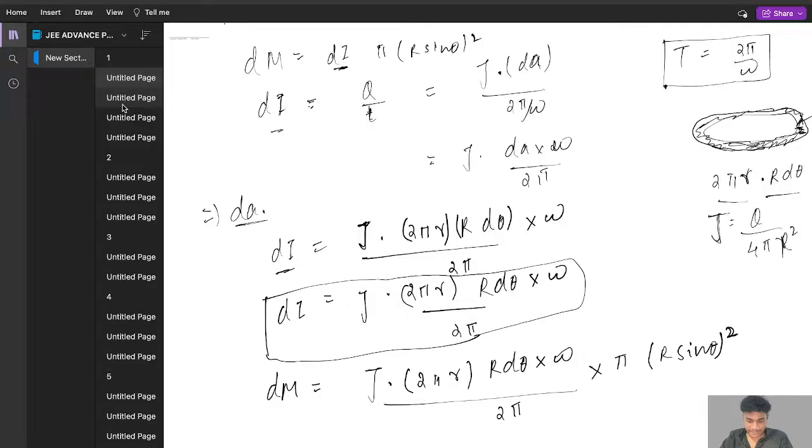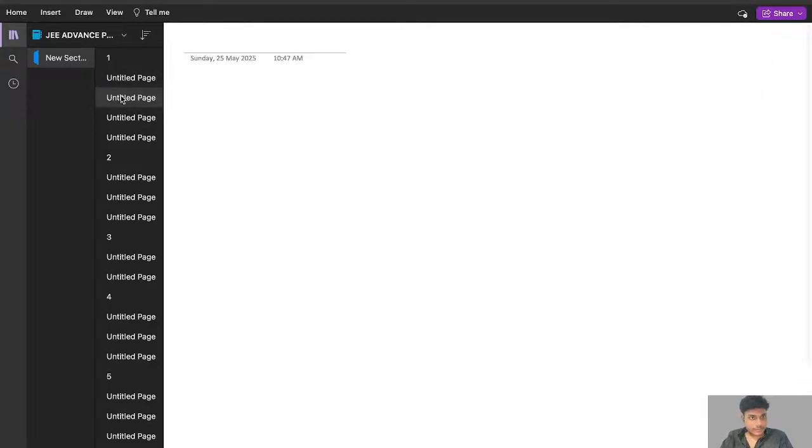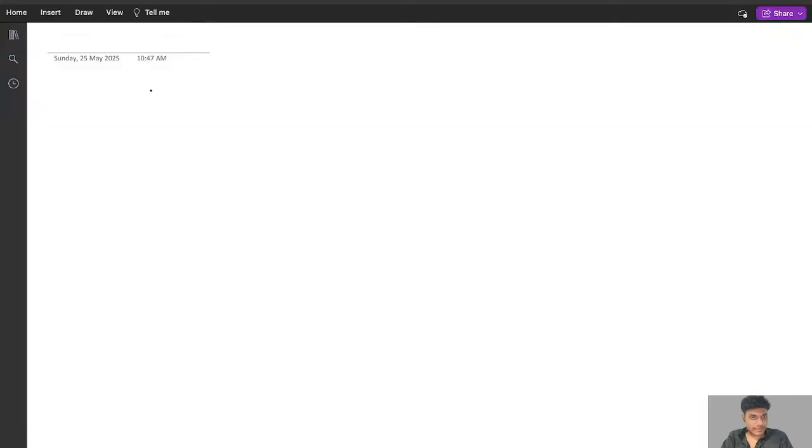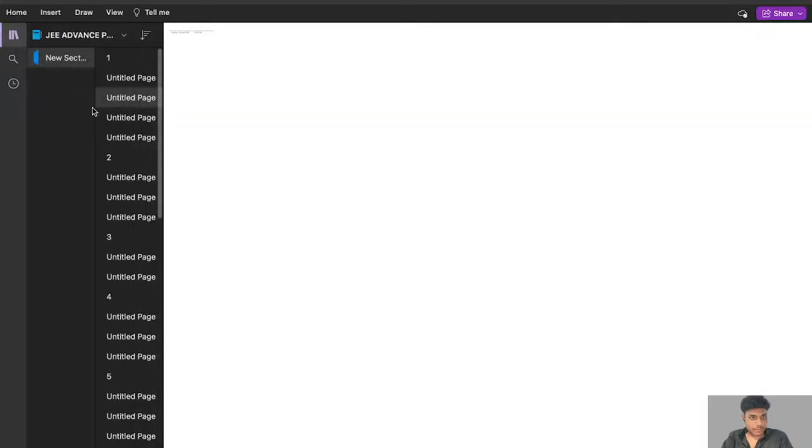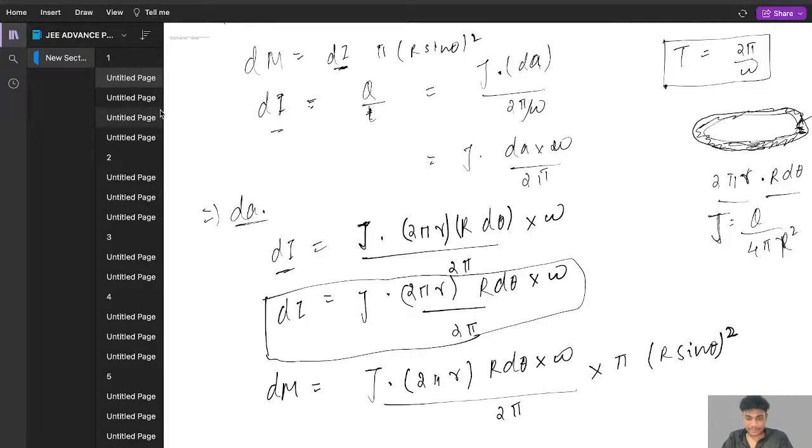We find that dm, if you solve this, let me solve this on the same page. If I solve this, pi cancels out, and 2 cancels out, and from here we get r d theta sin square theta.